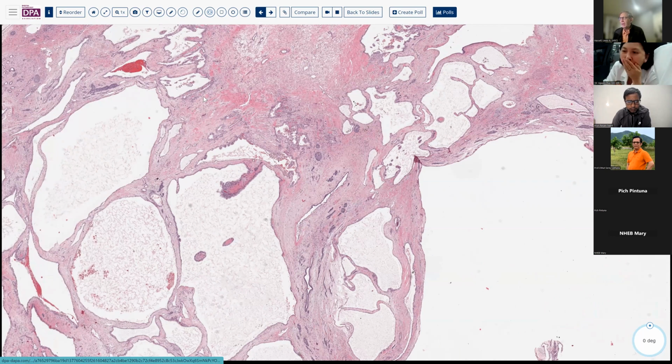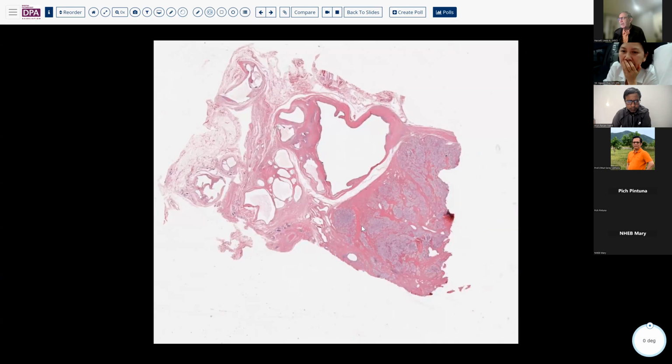So moving on here, here's the combined case that I mentioned to you. We have the serous component over here, and then we see here adjacent to it a different appearance.